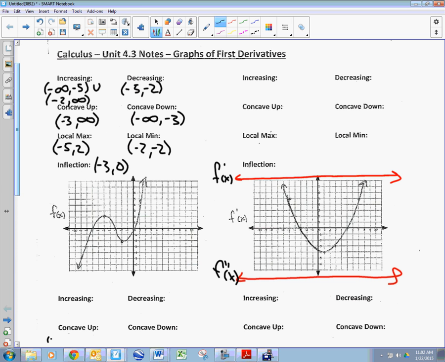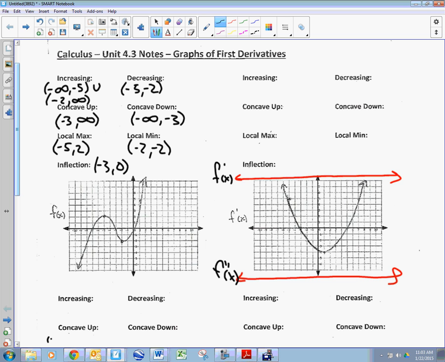Where is f prime equal to 0? A lot of people might say positive 1. That's not the case. The derivative of f prime, which is f double prime, is equal to 0 at that spot. But if this is the graph of f prime, I'm simply asking where it is equal to 0. It is equal to 0 at -3 and 5.